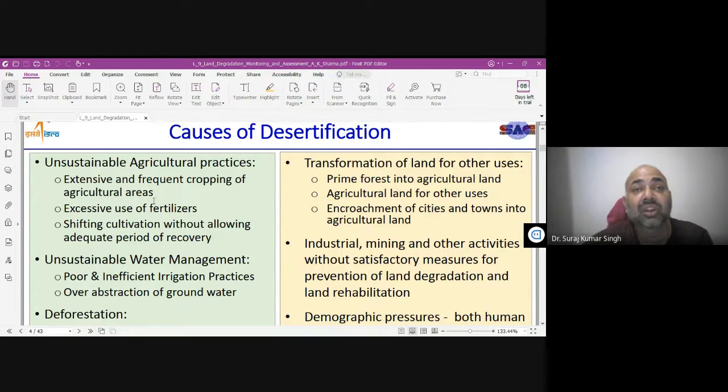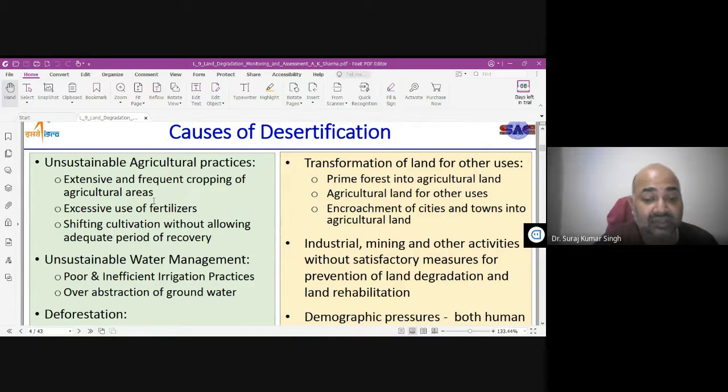Means we are going on putting more fertilizers into our agricultural field, which is degrading the quality of soil in that area, because we think that if we put more fertilizer, the productiveness of the product will be high, and there will be a huge amount of benefit after selling the product. But that is degrading the quality of land. Nobody sees to that, because money is involved in it.